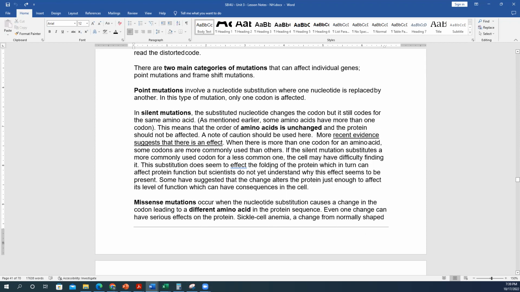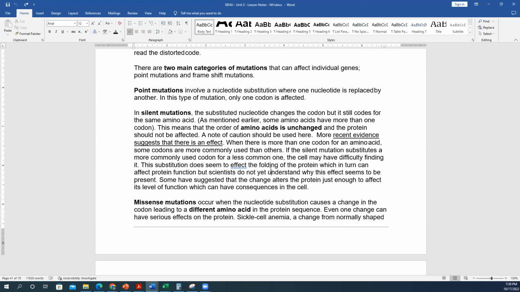Sometimes when there's more than one codon encoding for an amino acid, some codons are more commonly used than others. So if the silent mutation substitutes a more commonly used codon for a less commonly used one, the cell can have some difficulty finding that type of codon, and that substitution will eventually have some effect on the folding of the protein, which can affect the protein function.